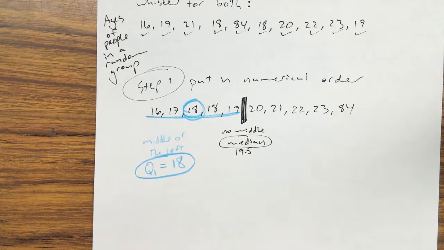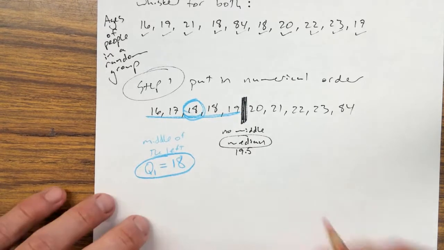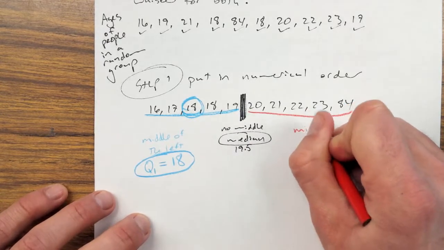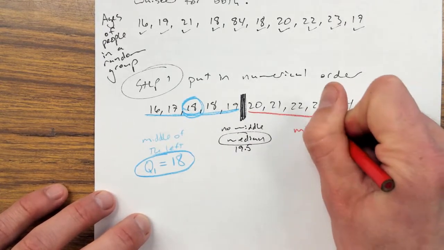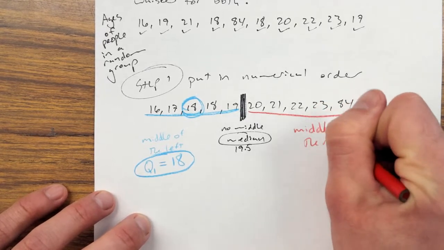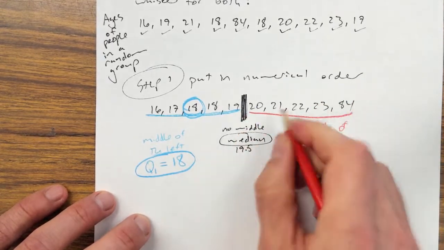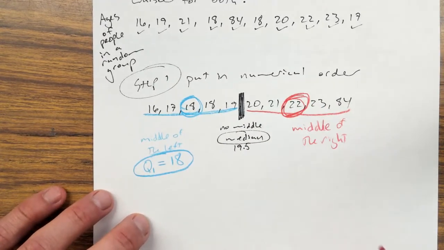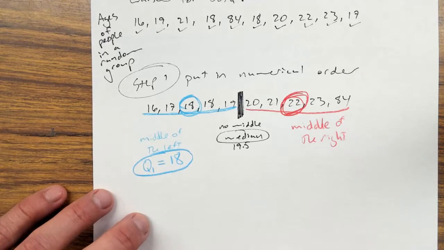And then we're going to do the same thing on the other side. Is there a middle of the right? There is. So if we count it out, there's 5 numbers. That makes the 22 being the middle of the right side. That's going to be referred to as Q3.